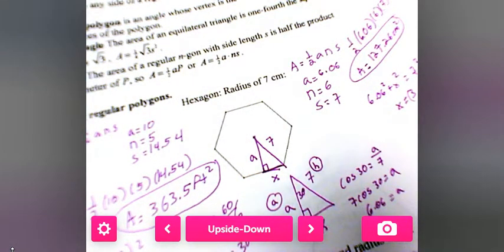Okay, what'd you guys get for the half the central angle? Anybody? 30, good. Then you could have used tan or cosine.